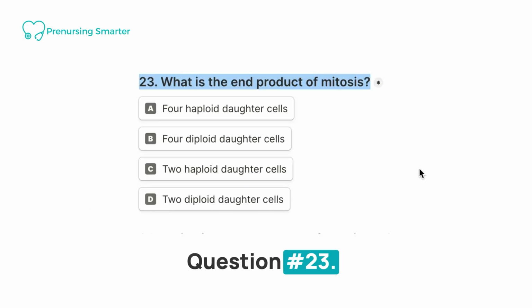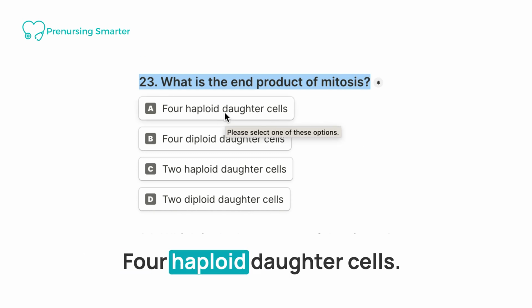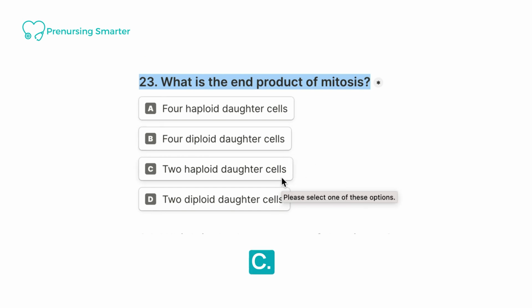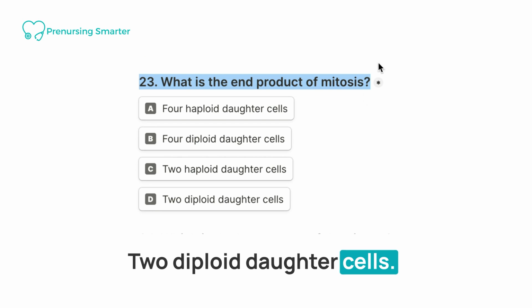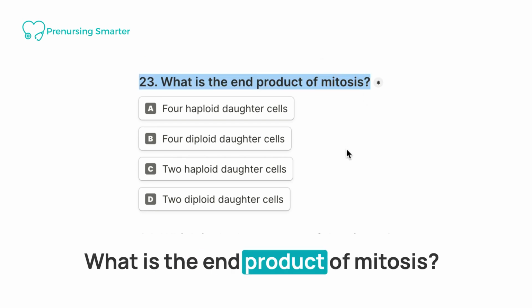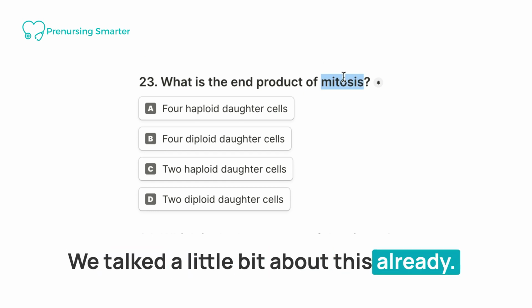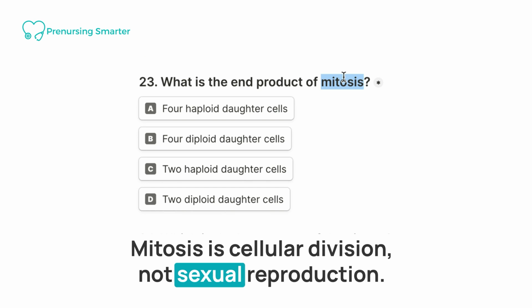Question 23. What is the end product of mitosis? A, 4 haploid daughter cells, B, 4 diploid daughter cells, C, 2 haploid daughter cells, D, 2 diploid daughter cells. We talked a little bit about this already. Mitosis is cellular division, not sexual reproduction.